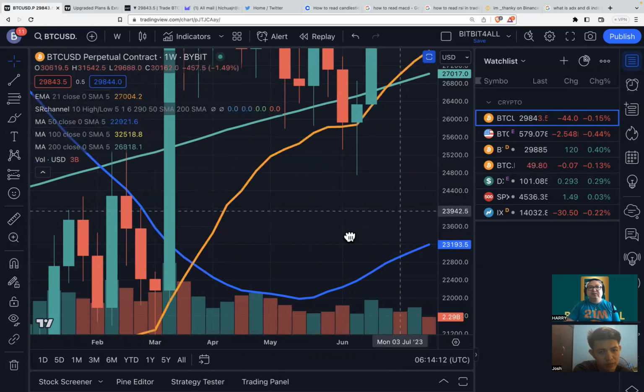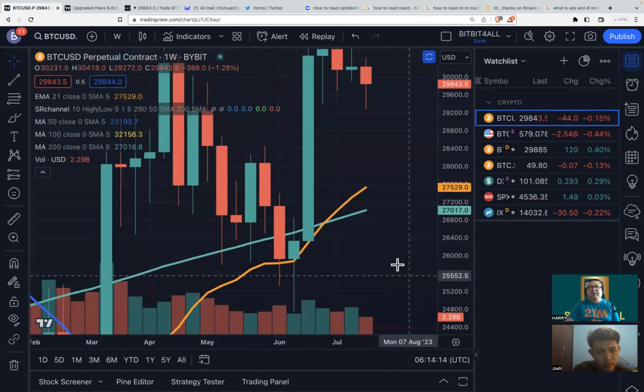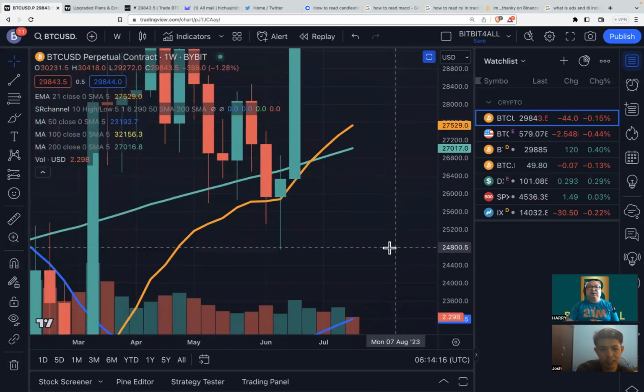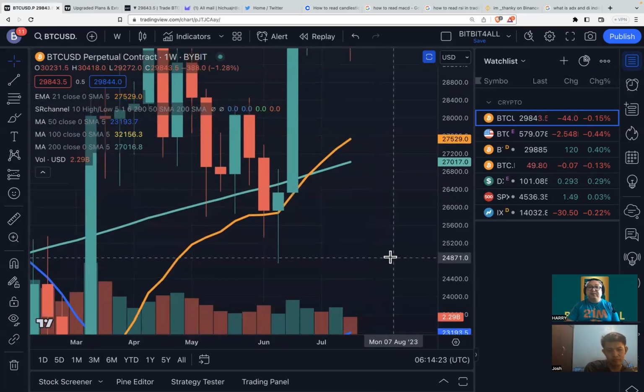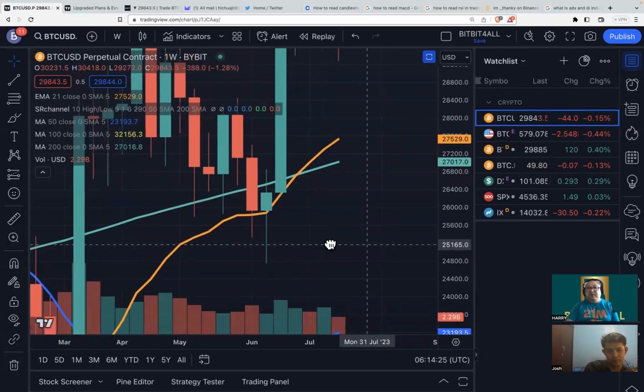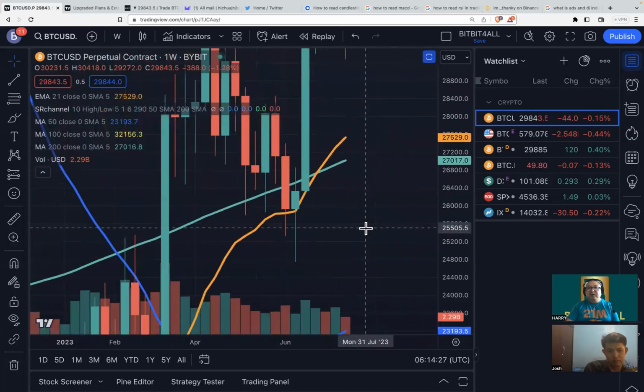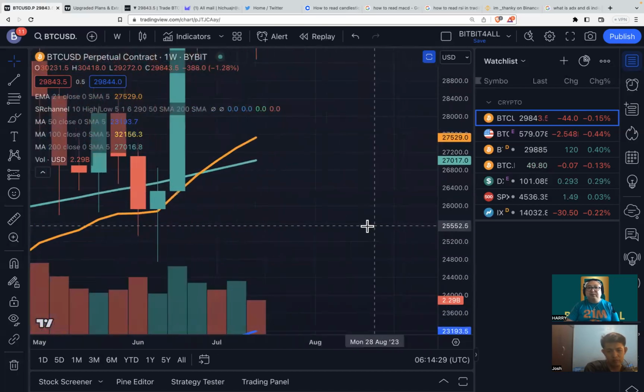Exponential moving averages. Parang derivative of the moving averages, it just tells you kung we are in a greater movement ng market. Are we in a bear market or are we in a bull market?